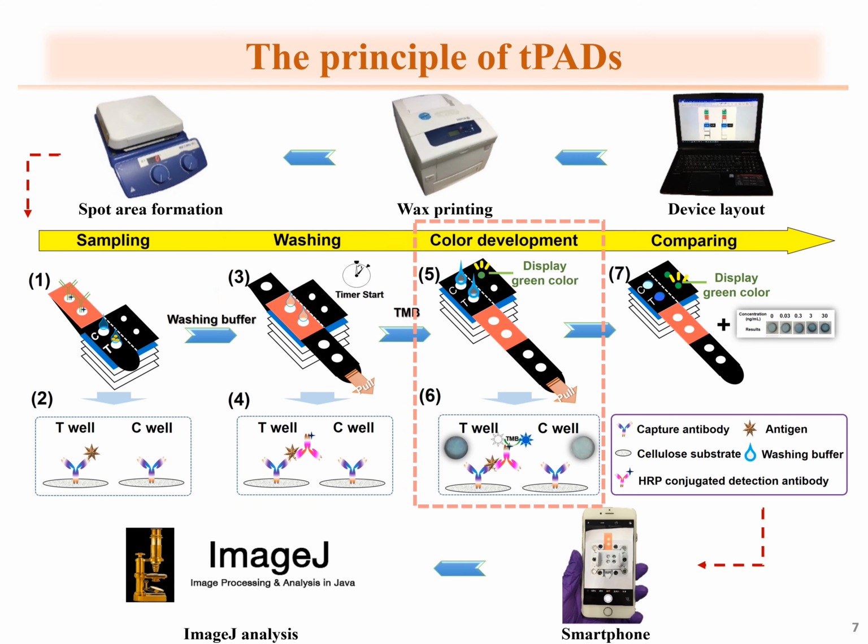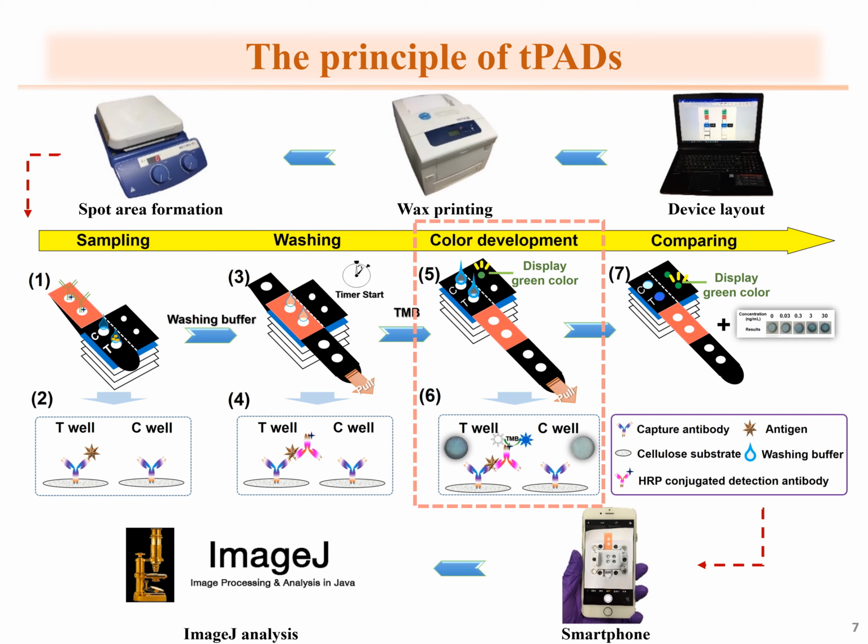3. Color development. When indication well 1 shows green color, we slide down the strip and add TMB solution to the T and C wells through the holes on tab 3.